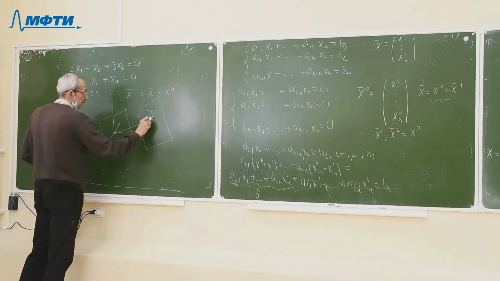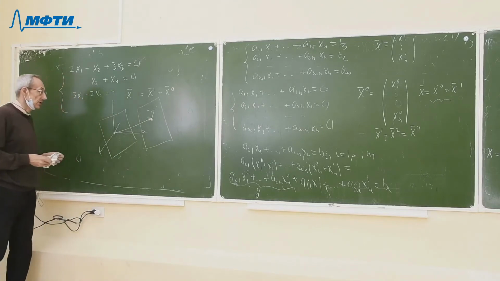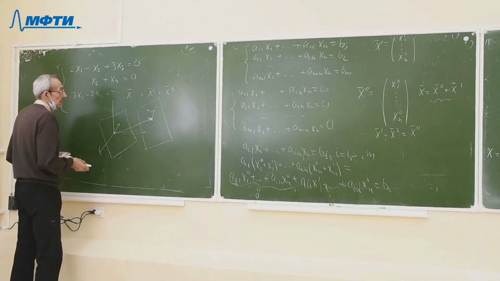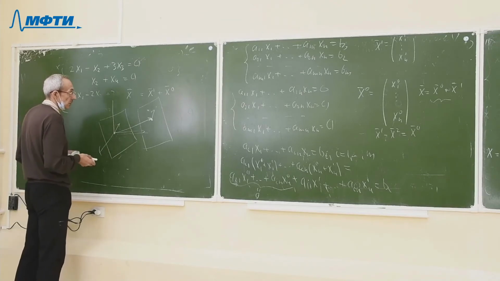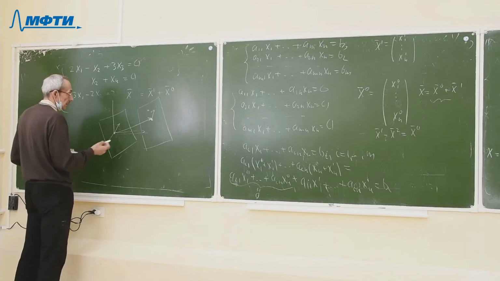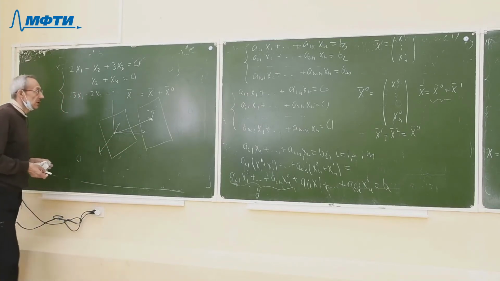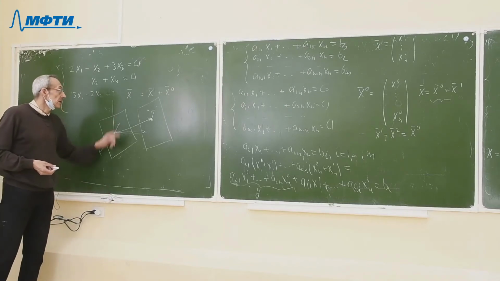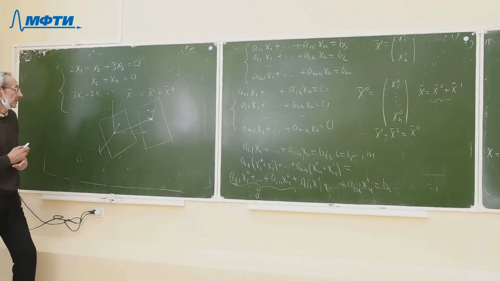This fixed point is a partial solution, and this arbitrary vector is a general solution of the homogeneous linear system, and this presentation corresponds to this geometrical picture.